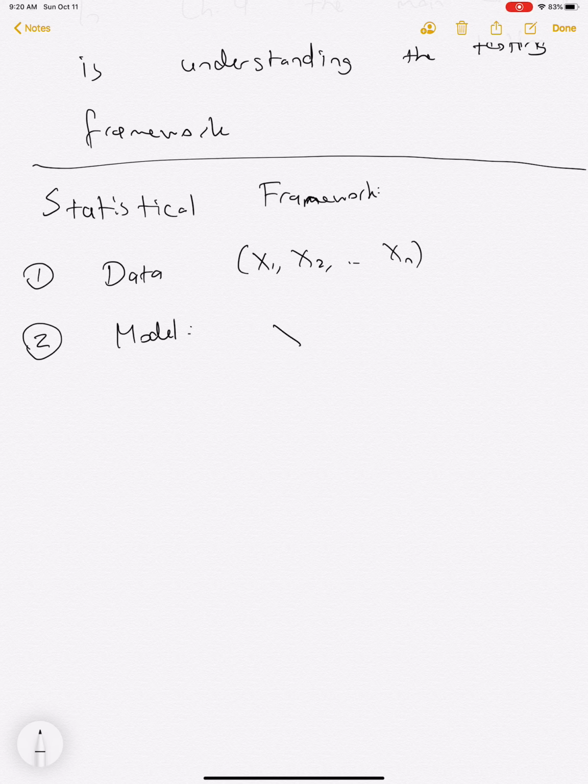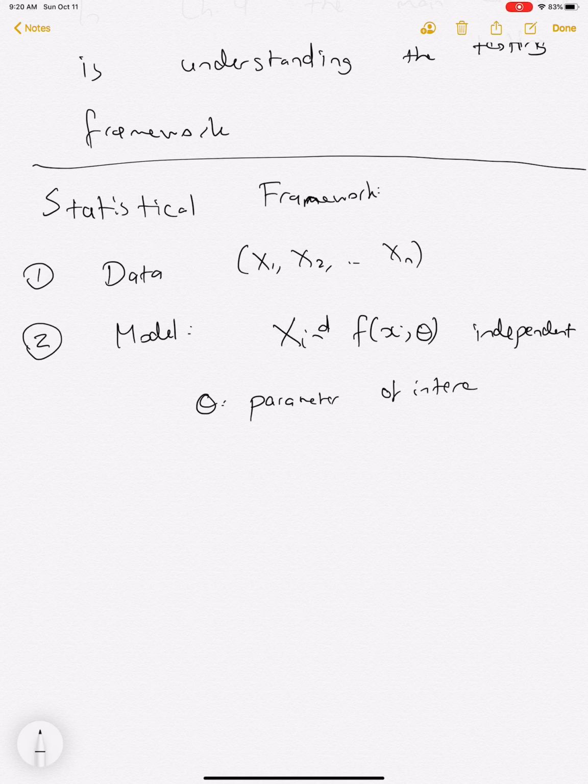We typically have a model. We assume independent draws from some distribution. It might be normal or Bernoulli or any other distribution we might think about. And then with the distribution, we often have a parameter of interest. That's going to be the case in this chapter as well.